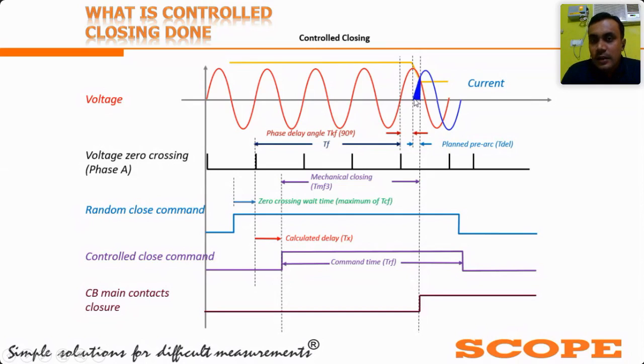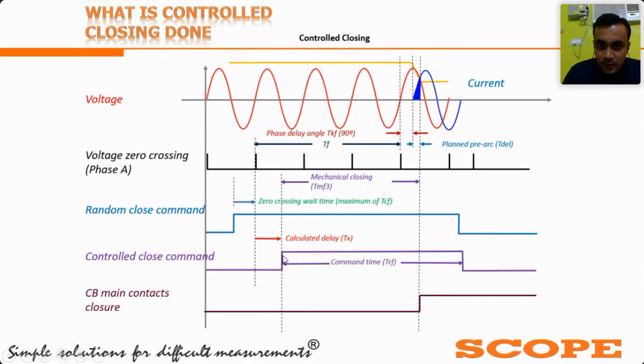Here the closing breaker should be electrically closed at voltage peak. Only in that condition will the inrush current be minimized. So it will give the command after some delay from the synchronization point, which is here the voltage rising edge.